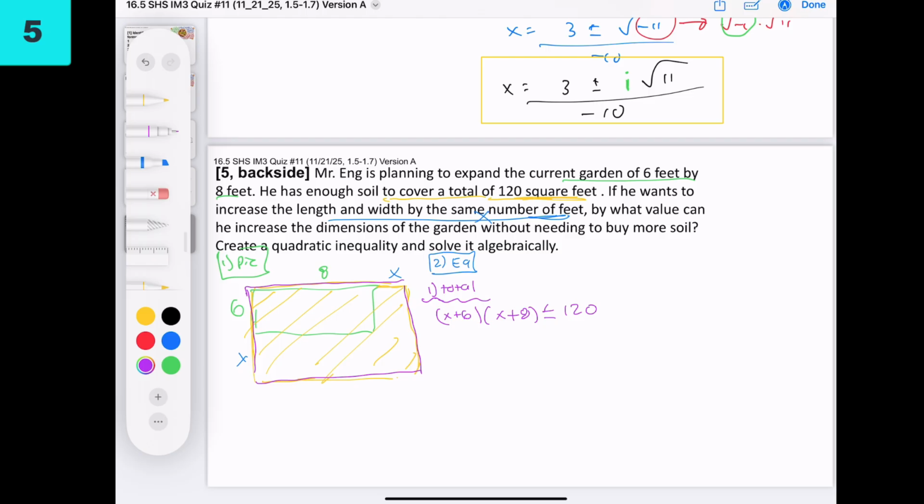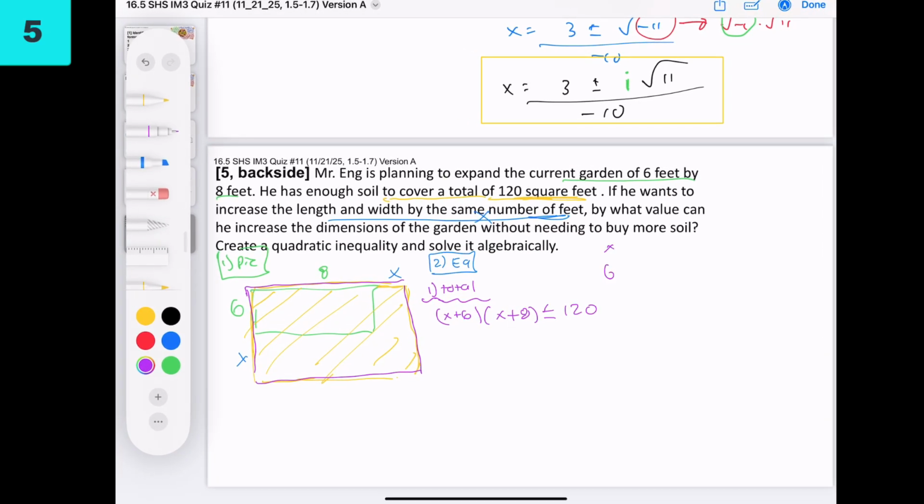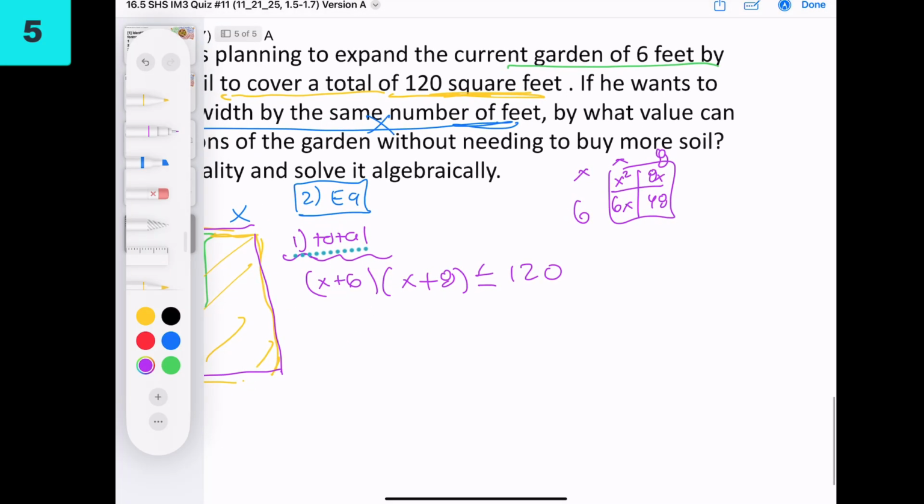Let me work it out: x plus 6, x plus 8 gives x squared, 8x, 6x, 48. Then if you subtract 120, you get x squared plus 14x minus 72 less than or equal to 0.